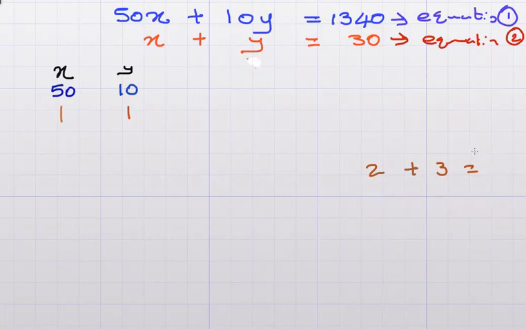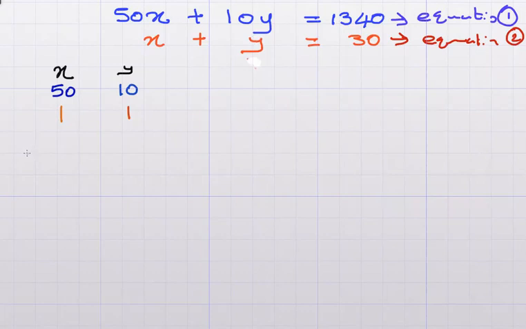Let's try to change this orange x's coefficient to 50, or this orange y's coefficient to 10. How can we do it? Can we multiply? Yes, we can. Shall we try to change this orange y to 10y?